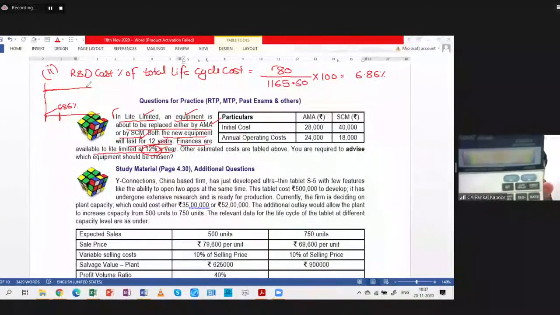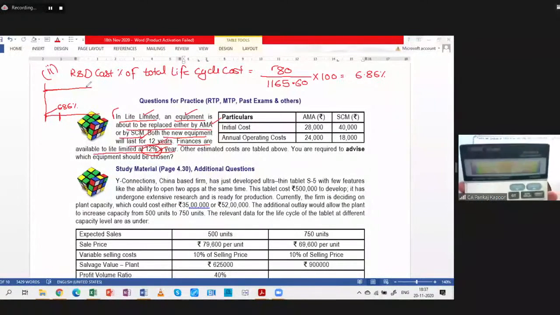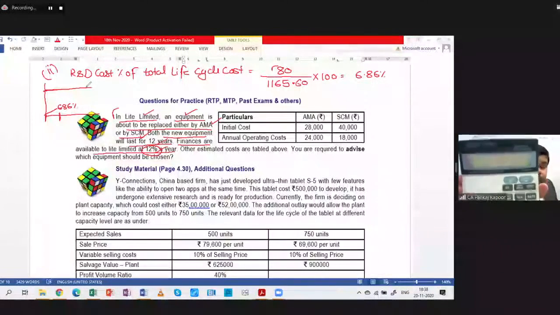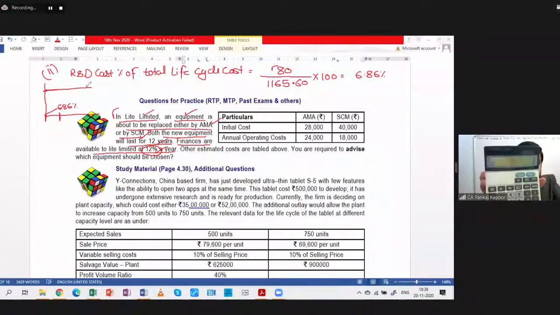If I ask my worker to manufacture this calculator, when the R&D phase completes, they will have the design of this calculator. So we know what button we are going to install, what material we are going to use. Hence, when the R&D phase is completed, around 80% of the cost of the product which we are going to spend, we know this is going to be our cost. Hence, we commit the 80% of the cost.